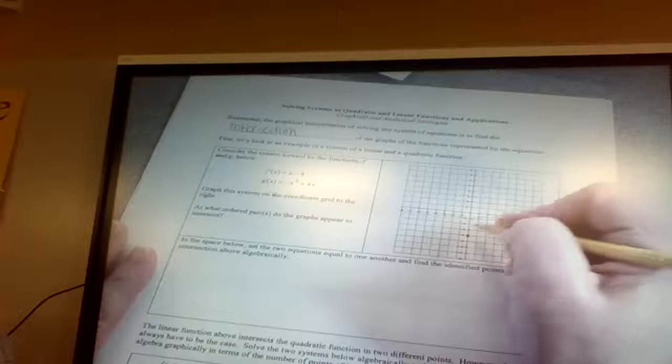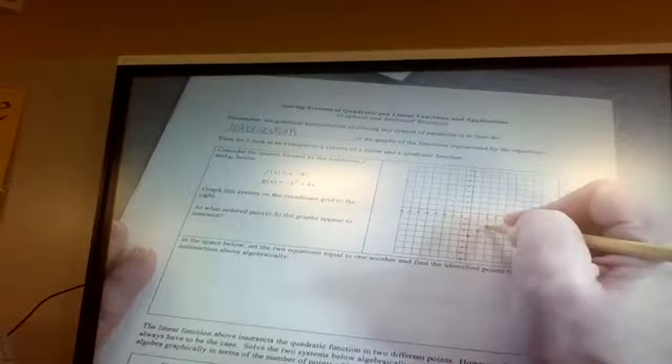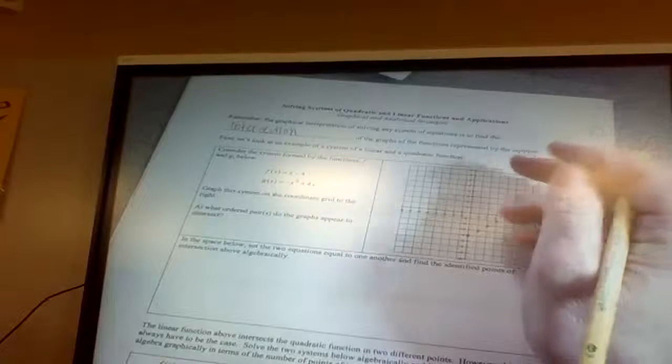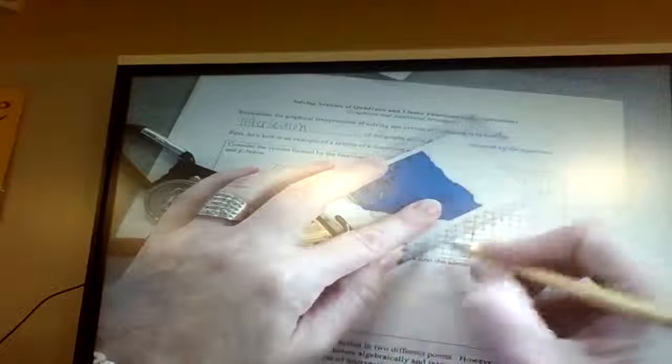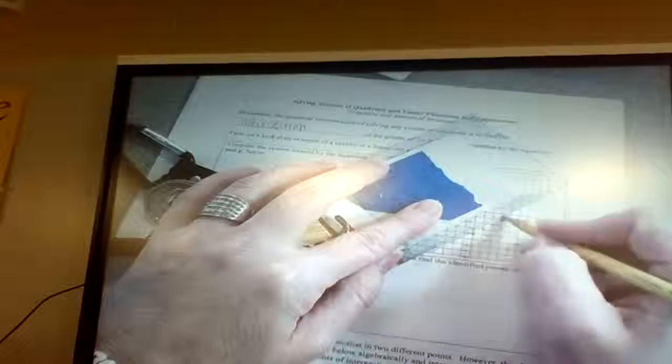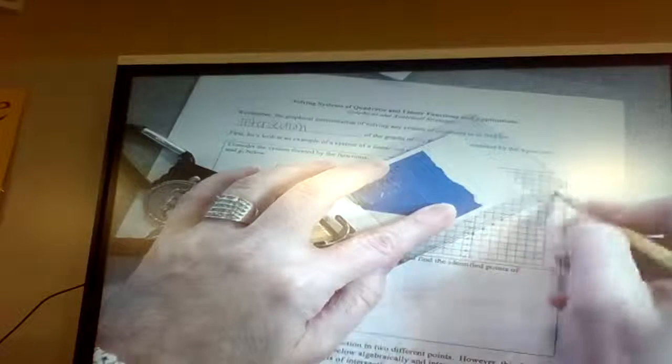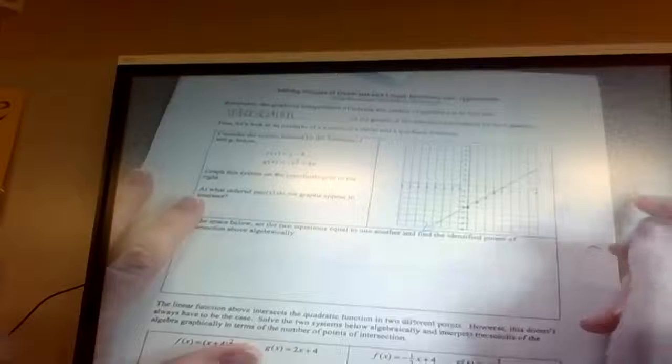What's your y-intercept on f of x? -4. And then what's your slope? 1. I missed all those points, and I even used a straight edge.